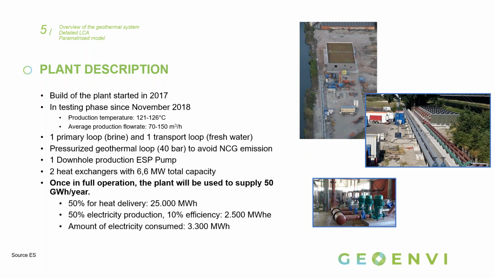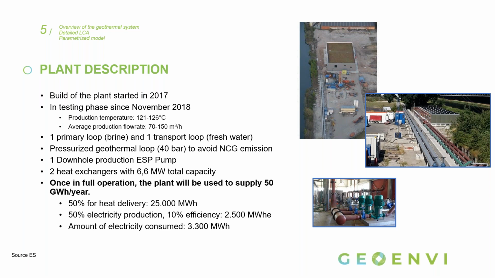As said, at the moment, unfortunately, the plant is not in operation due to some induced seismicity issue that we are solving. And we can only give at the moment for this LCA study numbers concerning the plant once it is in full operation.